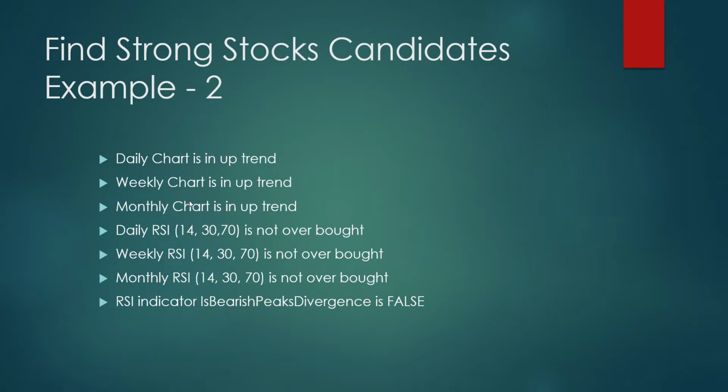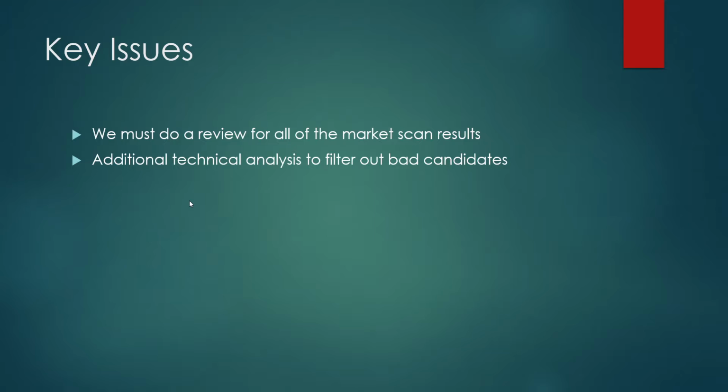Let's go to our last slide. The key issue in this example is that we still need to review all of the market scan results. If your market scan shows too many results, that means the scan is not that good, because you have too many candidates.